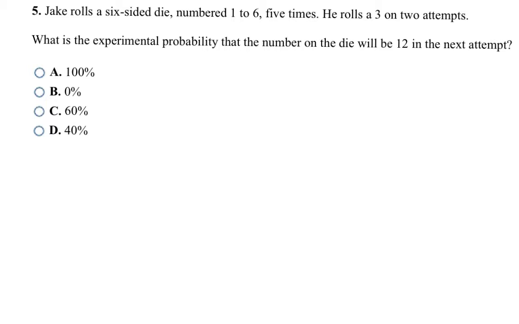Well, there's no 12 on this die, so he can never roll a 12. And so that means that he has 0 outcomes where he rolled a 12 on his 5 rolls out of 5, and 0 over 5 reduces to 0. So since 12 doesn't exist on his die, the probability of that occurring is 0%, which is letter B.